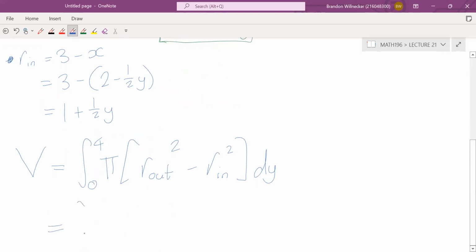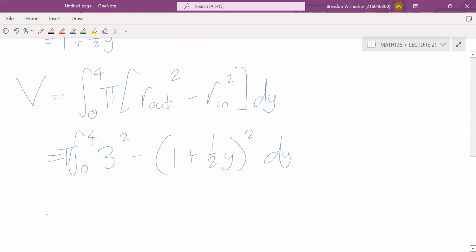So this is going to be the integral from 0 to 4. You can take the pi outside. R out squared is just 3 squared, minus R in squared, which is 1 plus 1/2 y, all of that squared, dy. So that's pi integral from 0 to 4 of 9 minus 1 plus y plus 1/4 y squared dy.